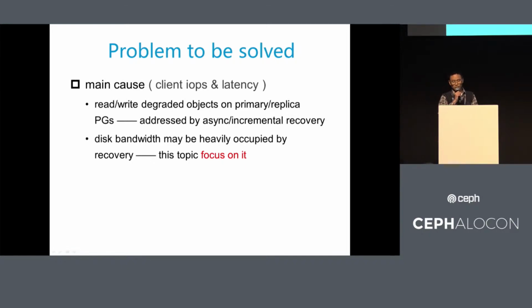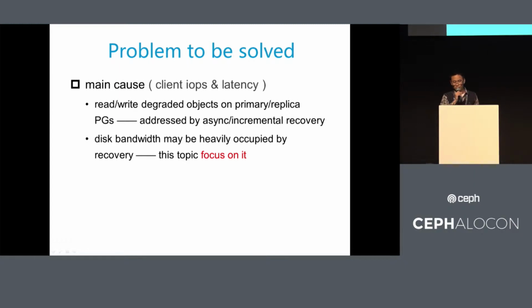Actually, there are two main causes for client performance reduction. First, reading a degraded object on the primary PG will cause the primary to pull the correct object from the replica to recover it. Similarly, writing a degraded object to the replica PG also requires pushing the correct one to the replica first.